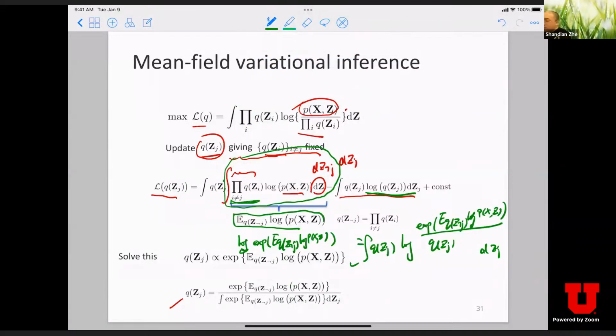If you look at the general definition of KL divergence between the distributions Q theta and P theta, it is the integral of Q theta times log of Q theta over P theta.